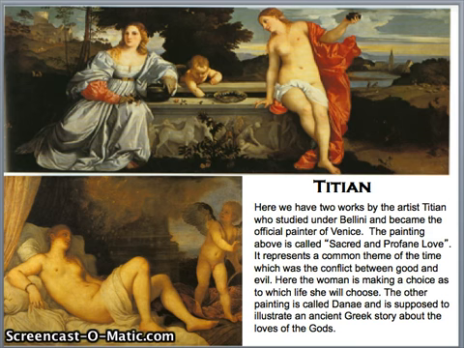I like this one above called Sacred and Profane Love. And it represents a common theme of the time in which this woman is making a choice as to which life she will choose. Here we have, on the one hand, a kind of mythical figure offering to take her into the world.